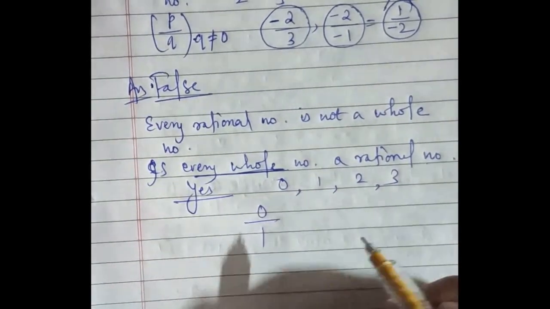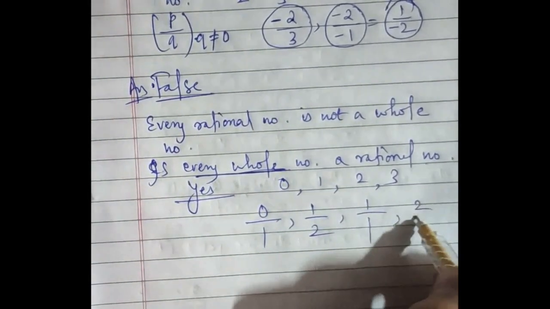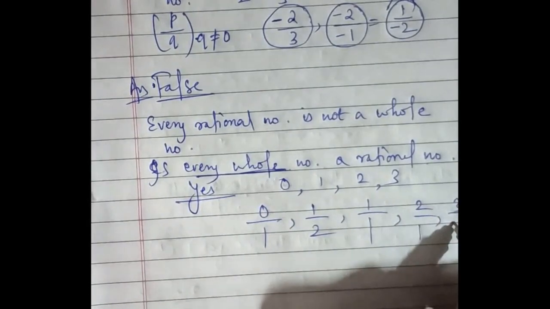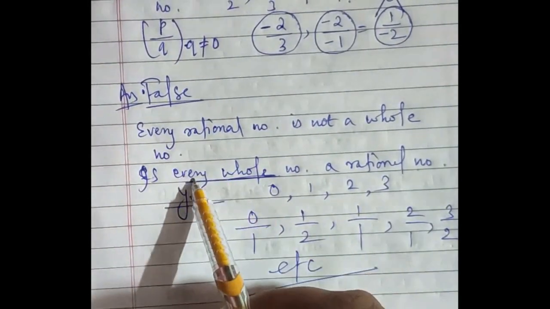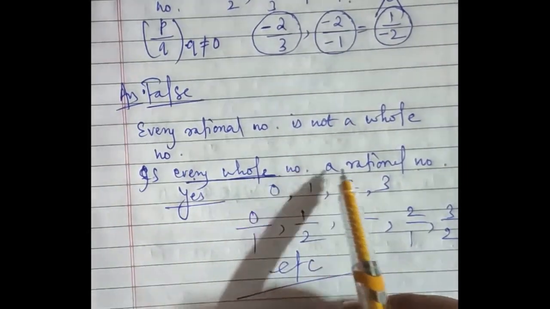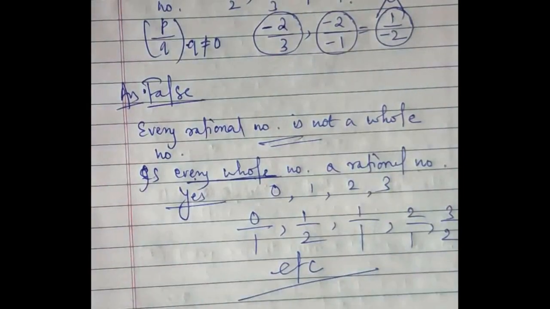So 0 by 1 is a rational number, 1 by 2 is also a rational number, 1 by 1 is a rational number, 2 by 1 is a rational number, 3 by 2 is a rational number. So we can write every whole number is a rational number, but every rational number is not a whole number. I hope you are clear with this, right?